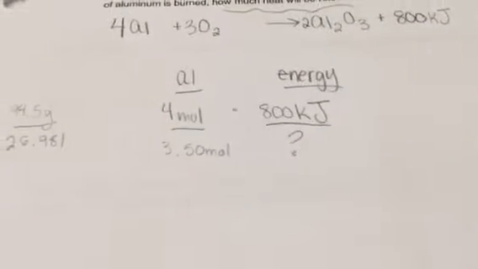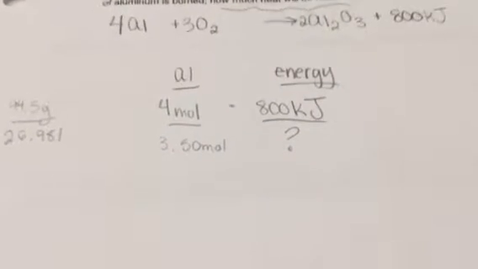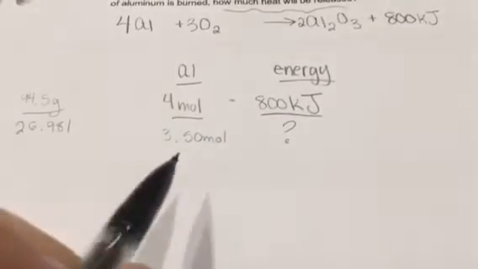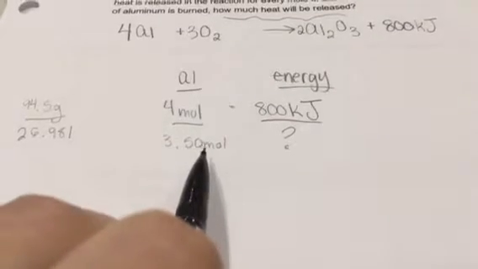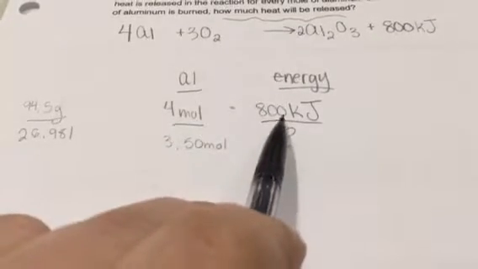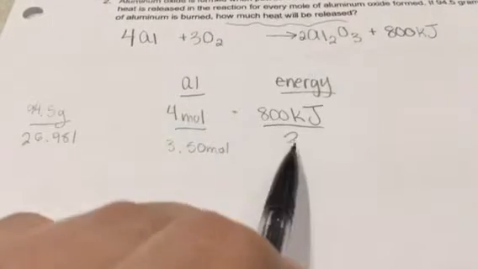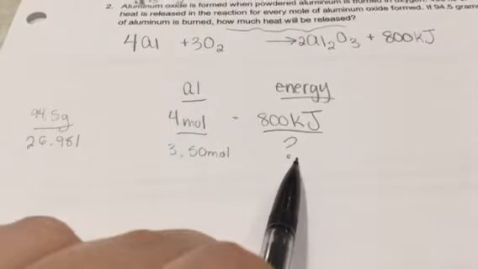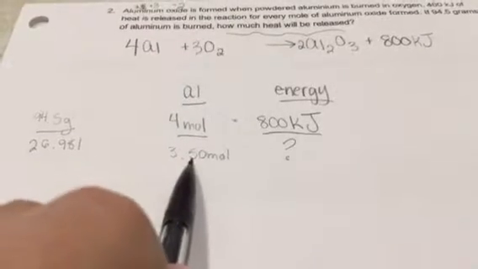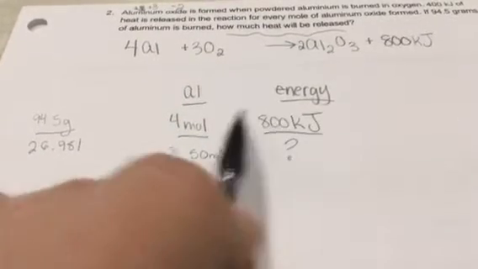So all that's left to do is cross multiply and divide. I'm going to take 3.50 times 800 divided by 4 to get my amount of energy. 3.50 times 800 divided by 4 is going to leave me with 700 kilojoules of energy.